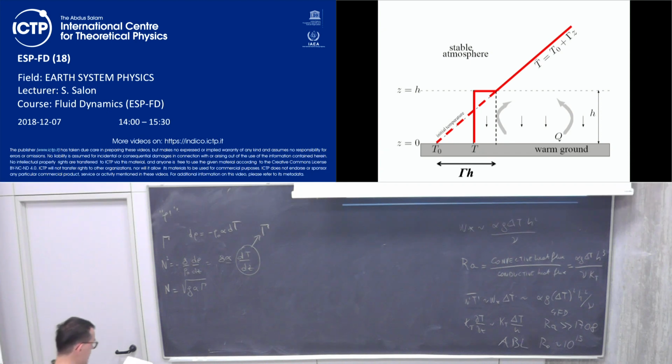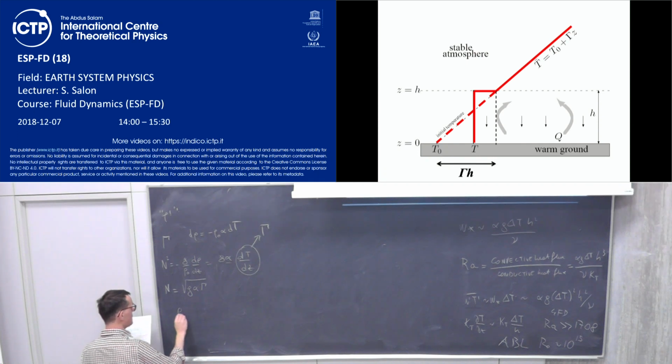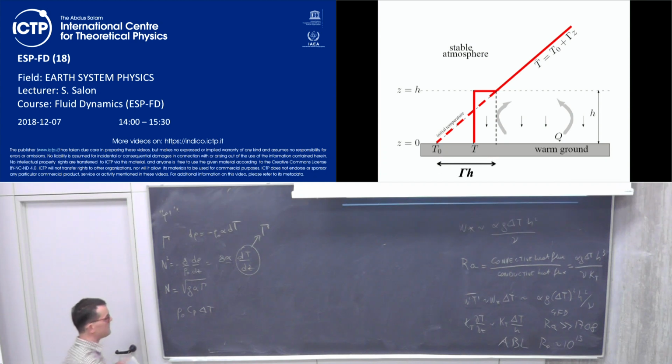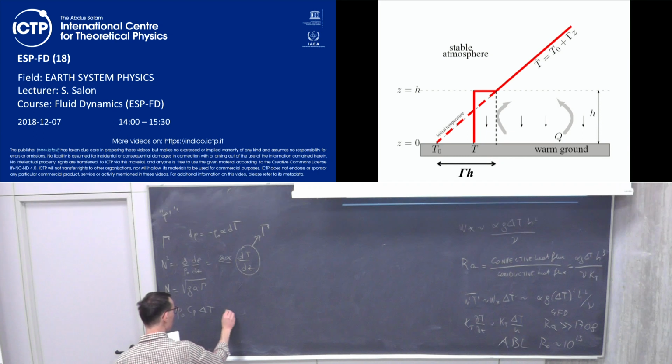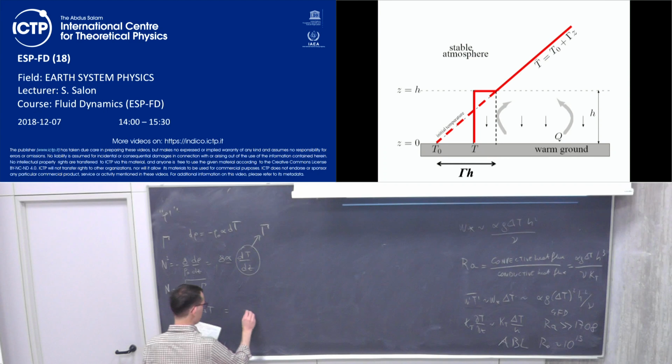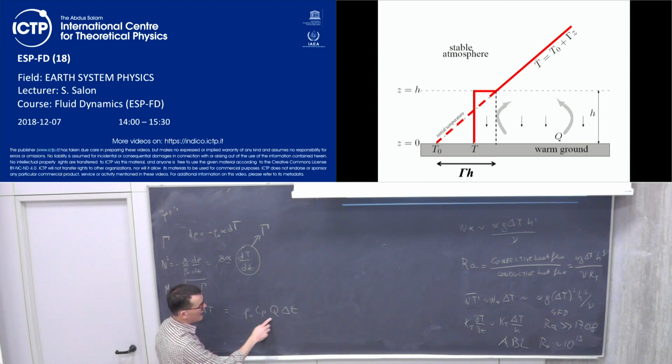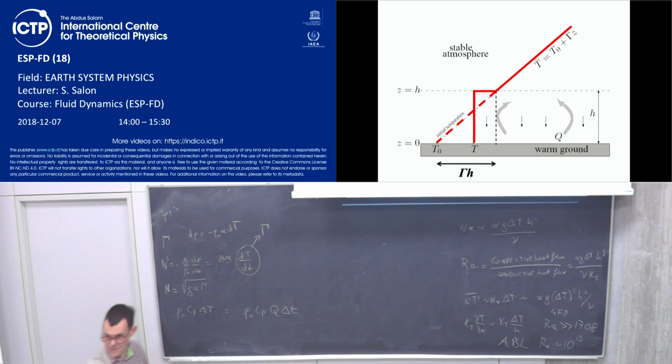So the change of the heat content, which is rho 0 Cp delta T, where Cp is the heat capacity at constant pressure, will be in balance with the heat flux which is provided to the layer in the time delta T. Okay?